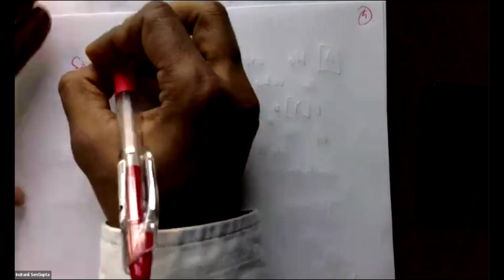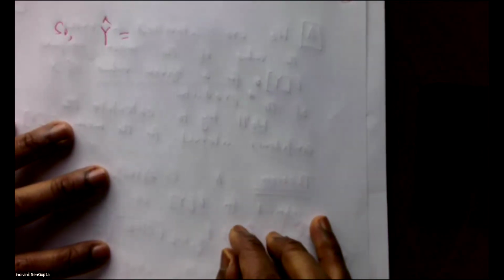Therefore, we can write: y hat is a linear combination of independent normal random variables.